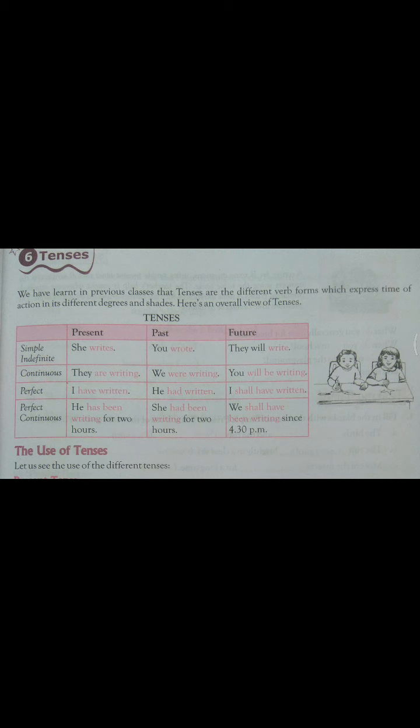For example, if something happened in the past, then we call it past tense. That means the verb shows the past tense. For example, when we say he left the school this year, that means leaving of the school had already taken place this year, and the verb here is left.